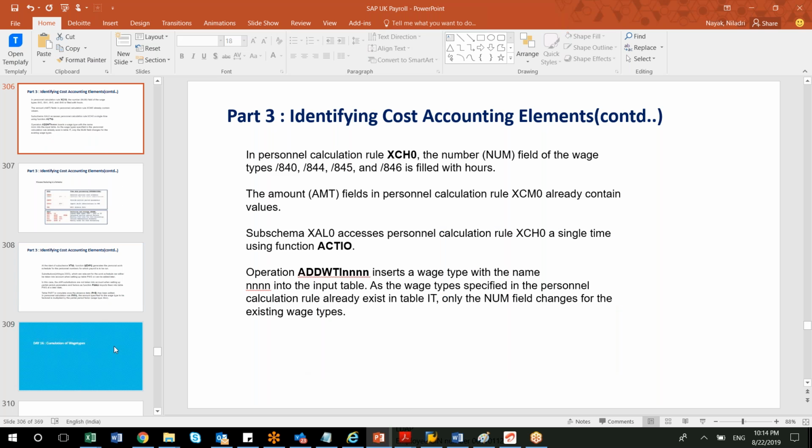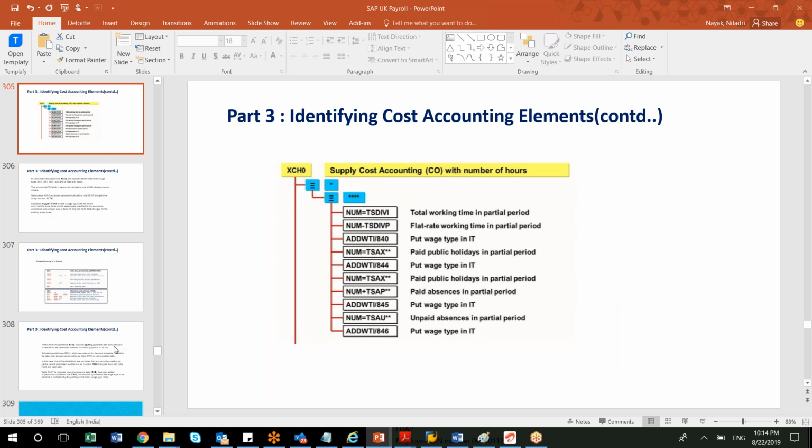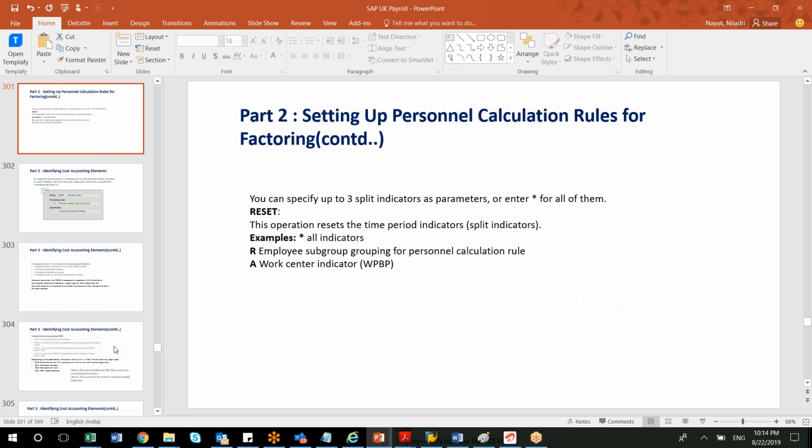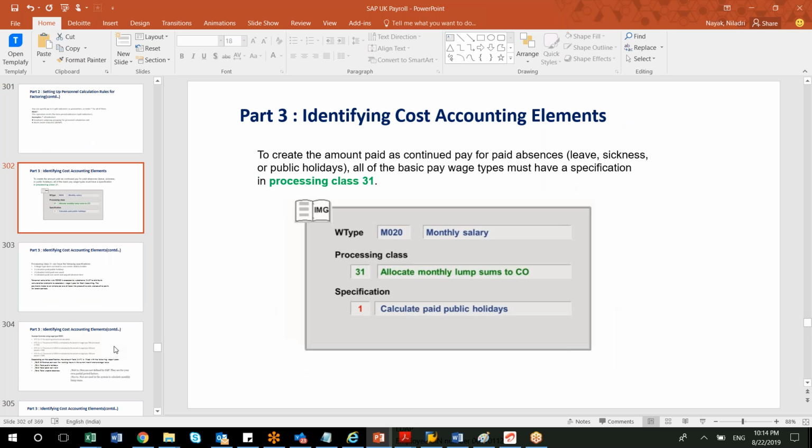But as you have asked, I can go directly into that topic. Whenever we identify the cost accounting elements, suppose you are on a leave, any kind of leave, say sickness or public holidays. All these have processing class 31. In the system, processing class 31 says allocate monthly lump sum to CO, that is your cost object.